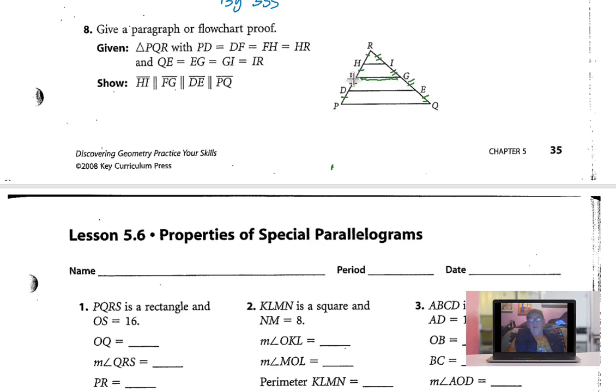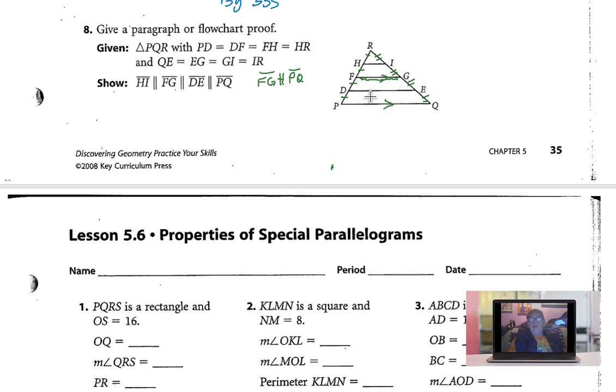So that would give F as the midpoint of PR and G as the midpoint of RQ, which would make FG a midsegment. And if FG is a midsegment, it's parallel to PQ. So we have FG parallel to PQ. We can argue that.